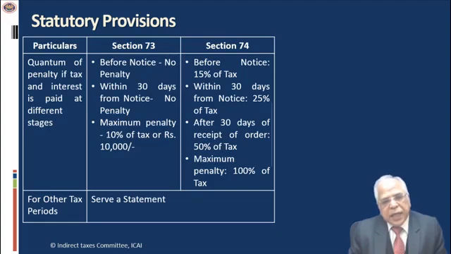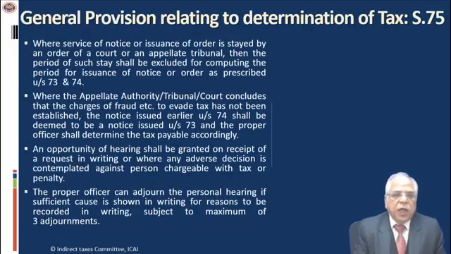If I pay the tax, interest and 50% of the tax as penalty after the passing of adjudication order, then there will be no further proceeding. But in case I don't pay within 30 days after passing the order, then the maximum penalty leviable will be 100%. Then friends, now I am reading certain provisions from section 75 which are made applicable.